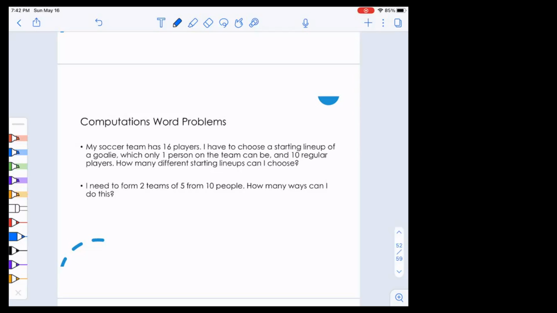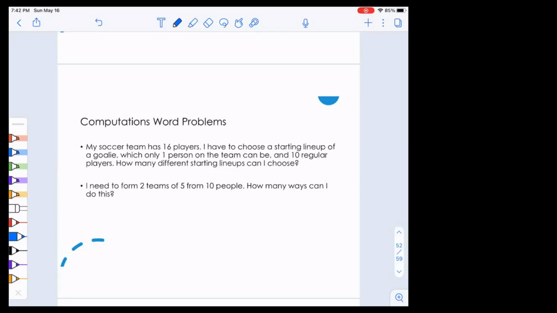So my soccer team has 16 players. I have to choose a starting lineup of a goalie, which only one person on the team can be, and also 10 regular players. So how many different starting lineups can I choose? So firstly, we're going to deal with the restriction, which is the goalie.